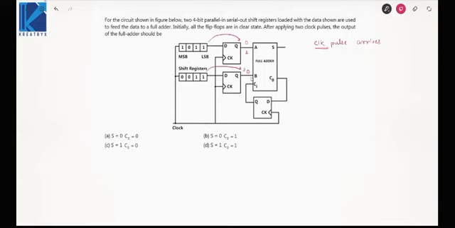And initially carry will be 0. Here we will have 1, 1, 0. So when we add this 1, 1, 0, the sum would be 0 and carry would be 1. Initially this flip-flop was also clear, that is why I am taking it as 0.